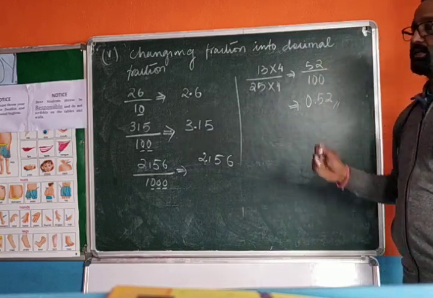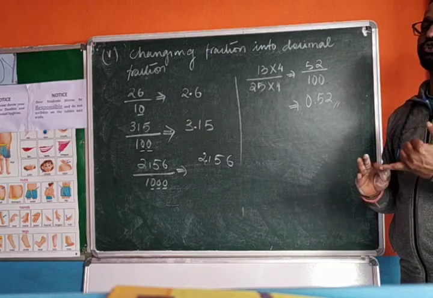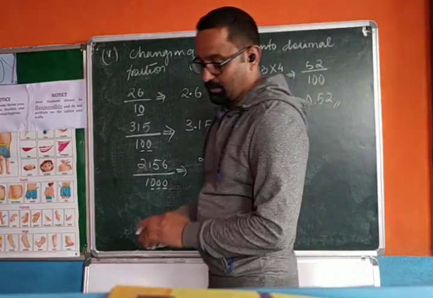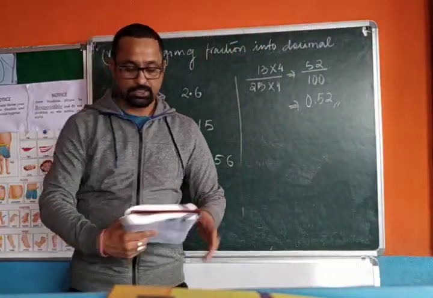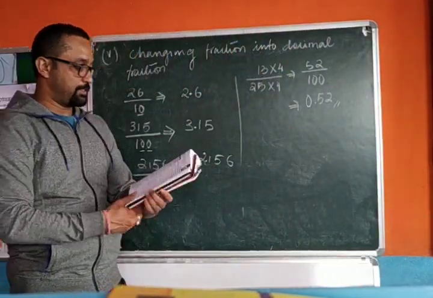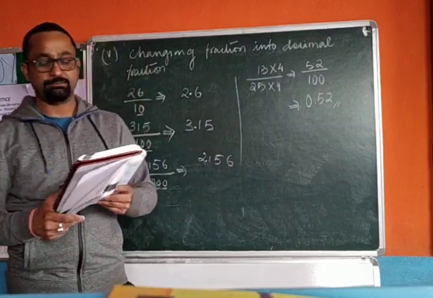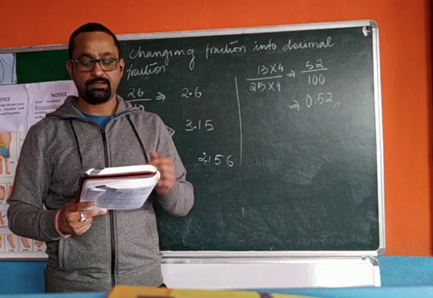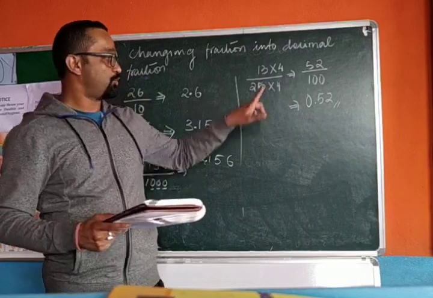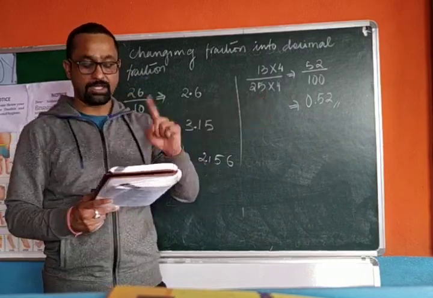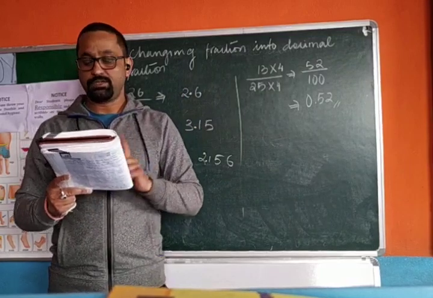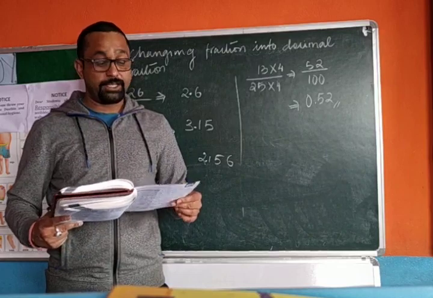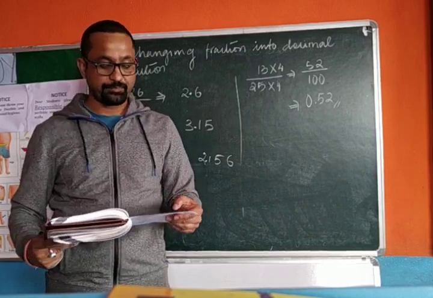So these are simple examples of conversion of decimal fractions. The first one I discussed is conversion of fraction into decimal when the denominator is 10, 100, 1000. Then when the denominator is not 10, 100, 1000. Conversion of decimal into fractions. Then number of decimal places.